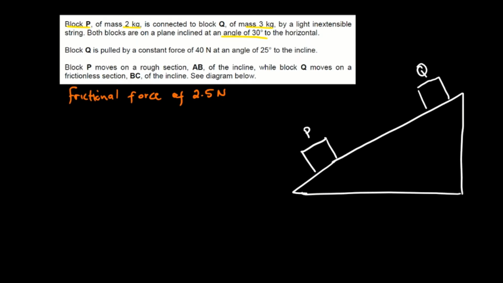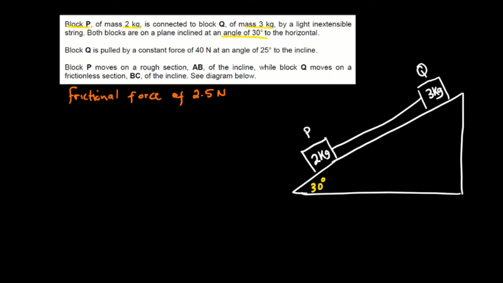So we are told that block P is 2 kilograms and block Q is 3 kilograms, and they are connected together by an inextensible string. And we are also told that the slope is 30 degrees. Okay, fine.